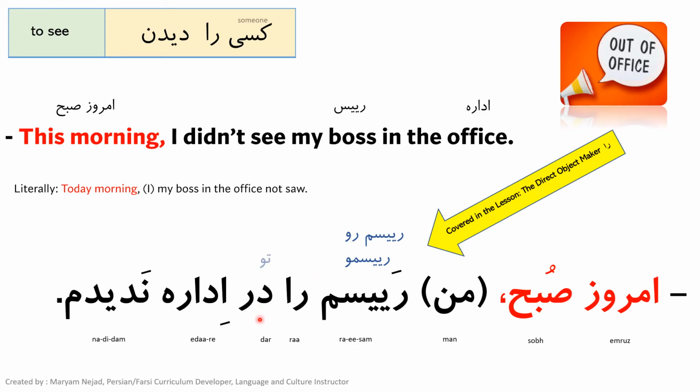And then the preposition dar in the spoken language is to. So the sentence is read: امروز صبح رئیسم رو تو اداره ندیدم. Or a little bit more informally: امروز صبح رئیسم رو تو اداره ندیدم.